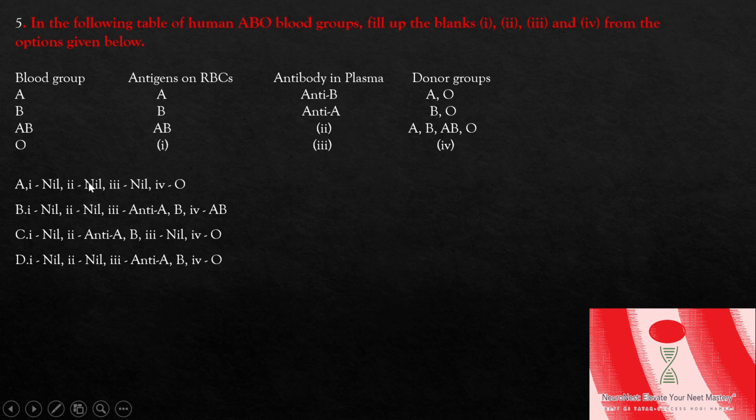So 2 is nil, then AB, and the donors could be AB, A, and O. Now blood group is O, antigen on RBC 1. So antigen in RBC is nil, whereas in third, the antibody in O blood group is present, anti-A and anti-B. So the answer for this is D.